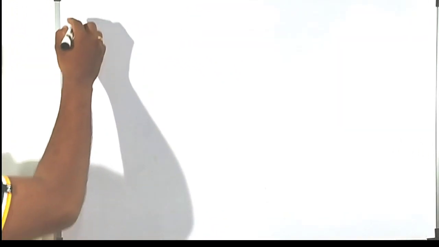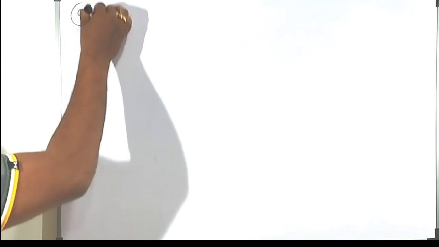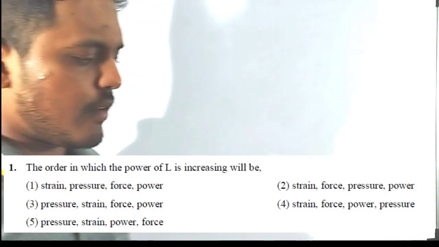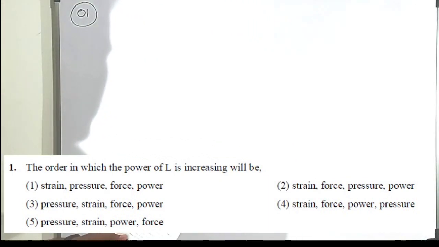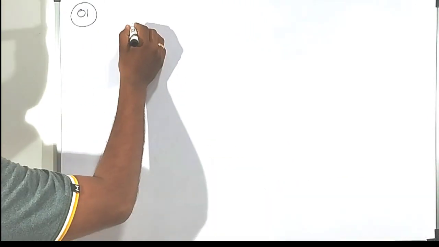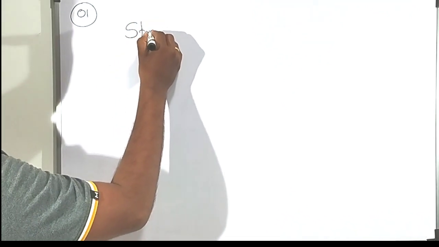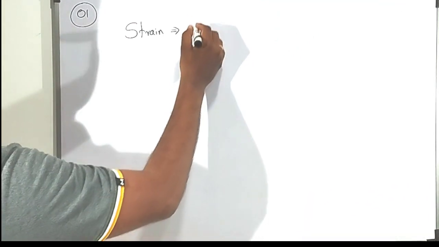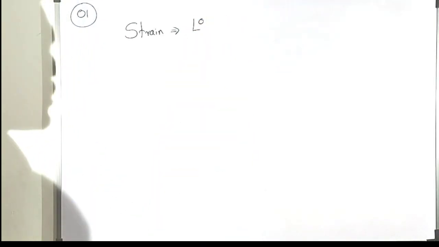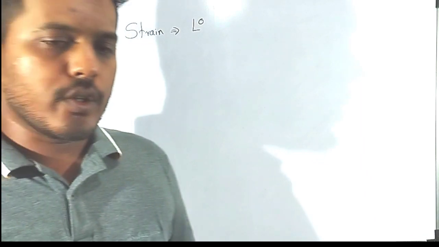In this video, we will discuss the model paper number 4. Question number 1. The order in which the power of L is increasing. The given quantities are strain, the power is L0 because there are no dimensions or units for strain.